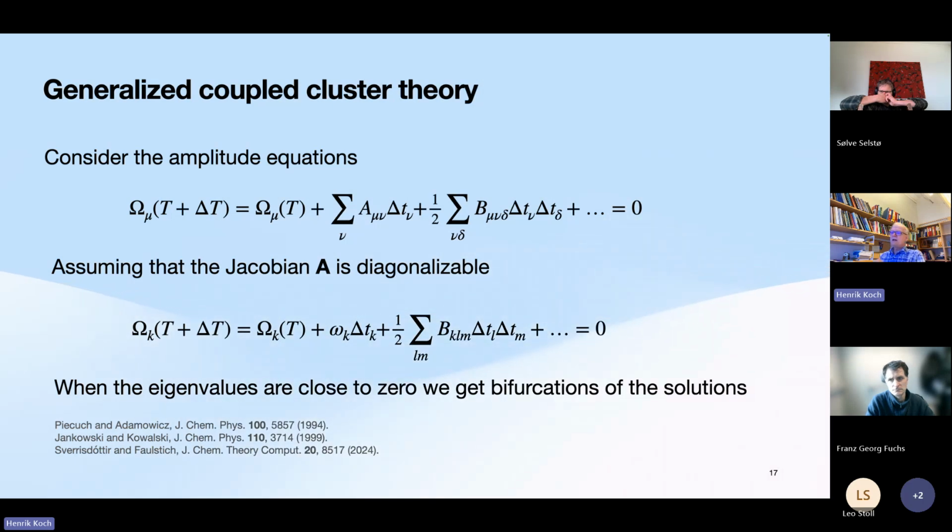especially what we have in the second equation here, that we have omega k along that eigen component of the A matrix. And then you see that omega k is the excitation energy. And if that is zero, then the higher order terms in this expansion will dominate, and then you can get bifurcations and multiple solutions and complex solutions as well.